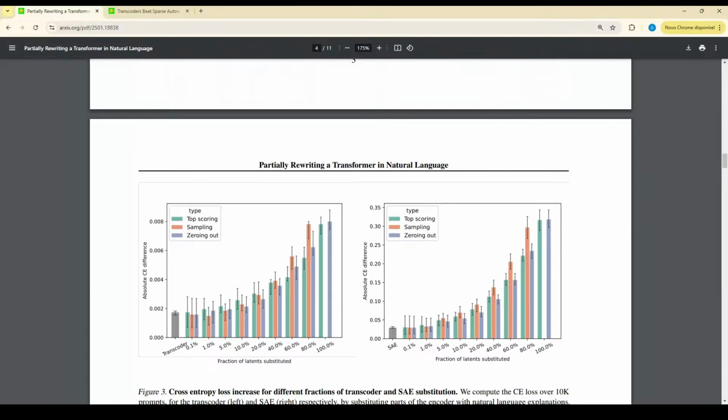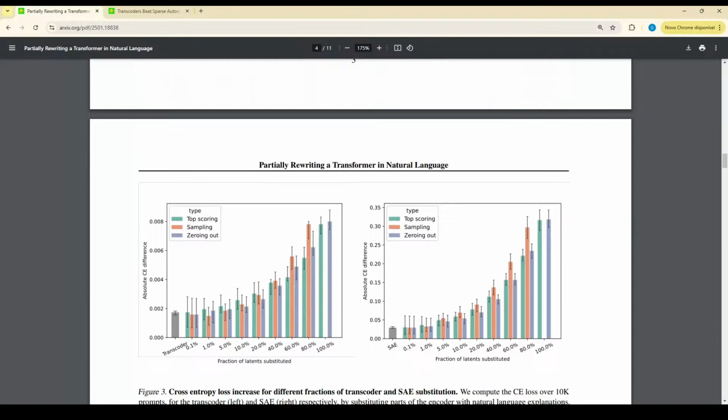We do these experiments on small Pythia, Pythia 160 million, and these values of increase in absolute loss are equivalent to an earlier checkpoint of Pythia, where it was trained on only 20% of the data. So adding SAEs or transcoders already hurts performance significantly, and then trying to do this rewriting with natural language obviously hurts performance more.